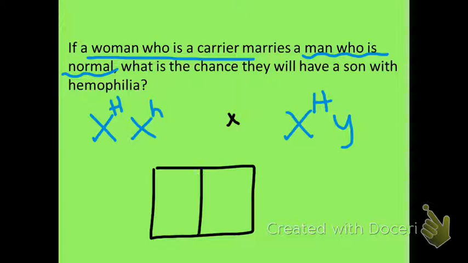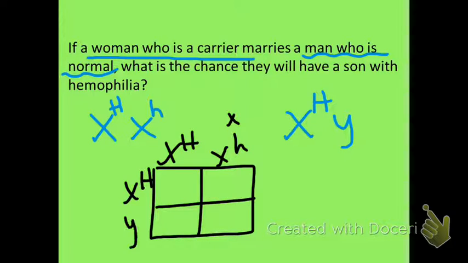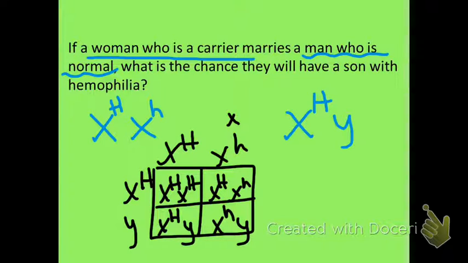We do it the same way we've always done it: X big H, X little h, X big H, Y. We fill it in just like before, but now we're adding the X's and the Y's to account for the sex of the offspring. Here you can see this gives us a 50% chance of having a girl, offspring that are XX, and a 50% chance of having boys, offspring that are XY. So there's a 50-50 chance of having a boy or a girl.